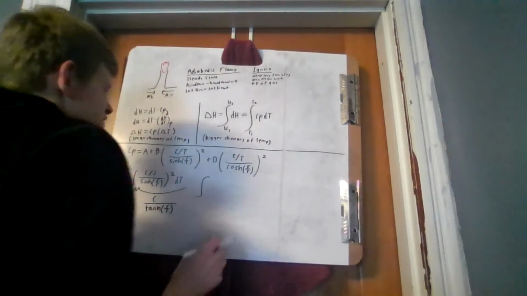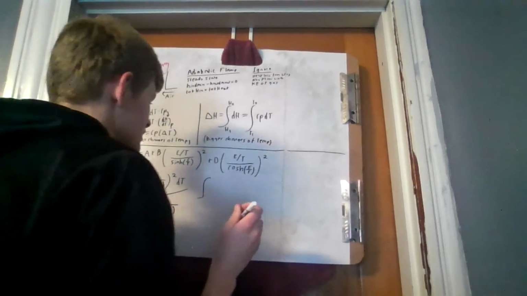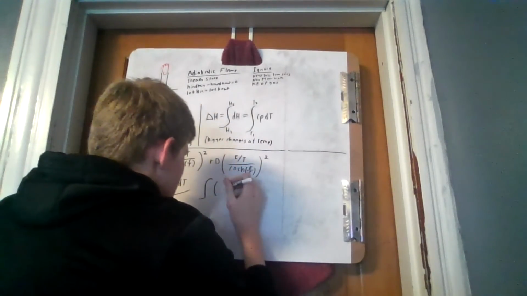This is going to be a slight difference since we're not dealing with a hyperbolic sine anymore. We're dealing with a hyperbolic cosine. So we're just going to write this out real quick.